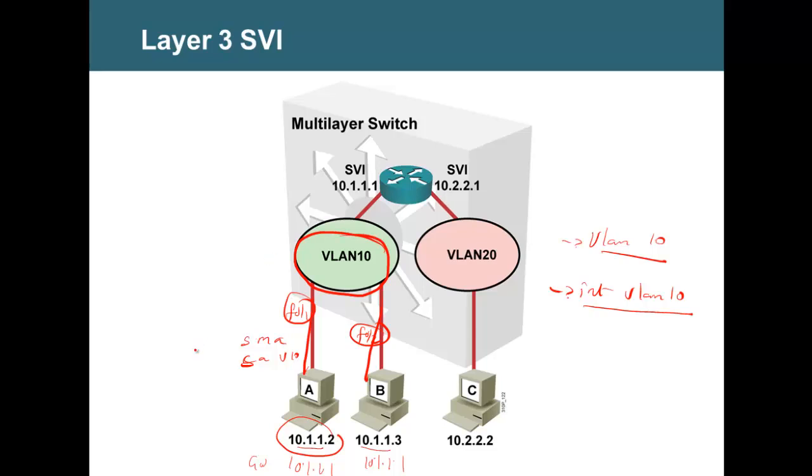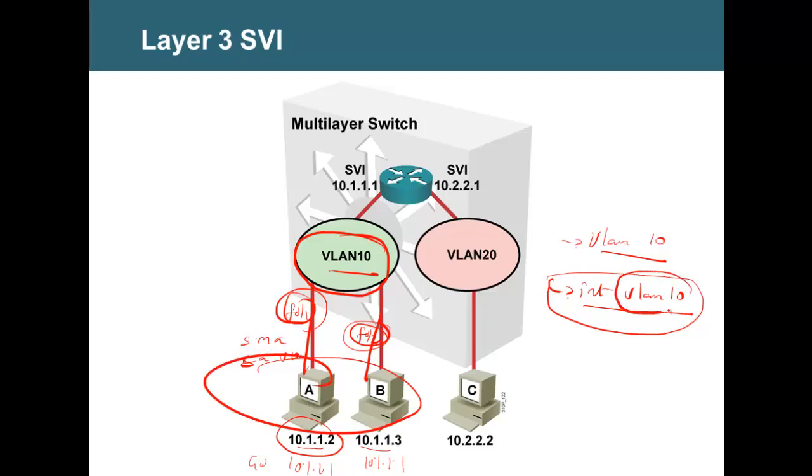broadcast domain. For VLAN 10, you may have hundreds of interfaces in VLAN 10. But for all those 100 interfaces, there is going to be one logical interface or interface VLAN, and that interface will act as a gateway for all these VLAN 10 members.